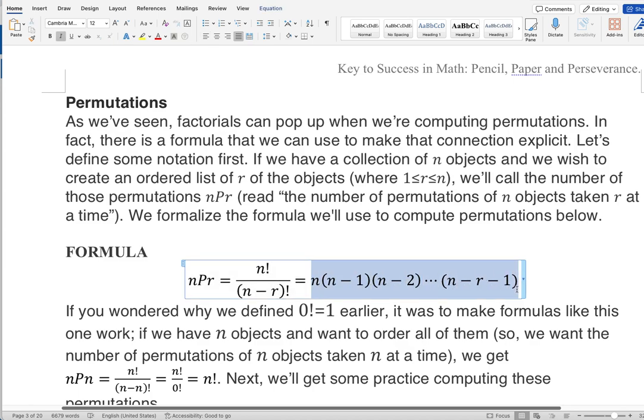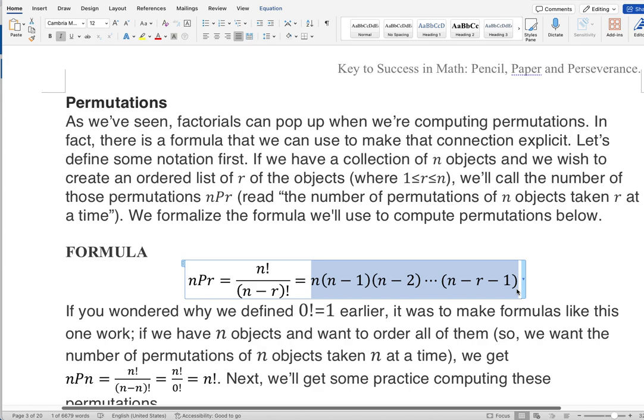Using the multiplication principle, I should have put this formula first. Remember the example we did earlier, 8 swimmers, and we want to find the number of different ways to arrange the podium for the first 3 places: first place, second place, third place. Then it is 3 out of 8. It starts from 8, then 7, then 6. It does not end at 1.